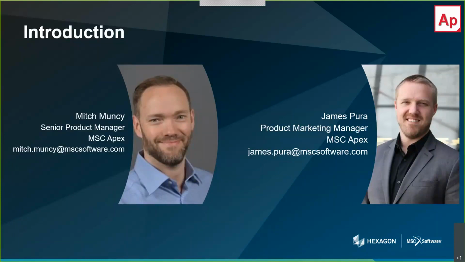Yeah, thanks, James. So I think where I want to start with this one is, if you think that it feels like we just did one of these a few months ago, that's because we did. So I'm really excited. We rolled out Apex 2020 at the end of April, and here we are about 3 months later. We've got our next action-packed release available. So I'm really excited about this. We're going to keep rolling these out at a high velocity.